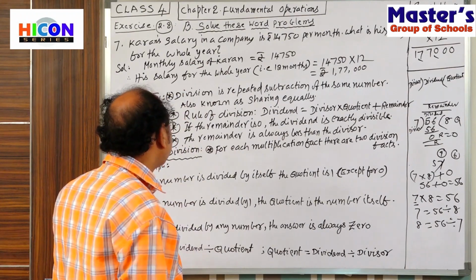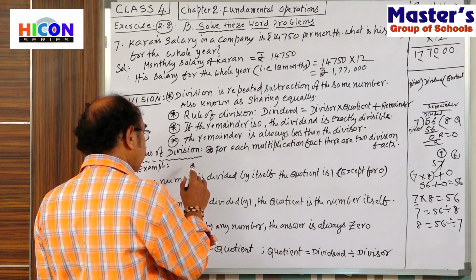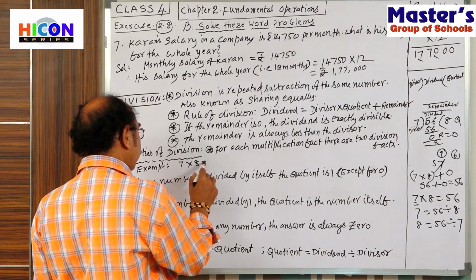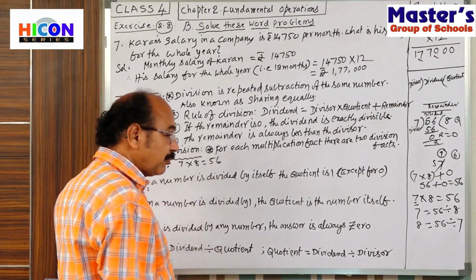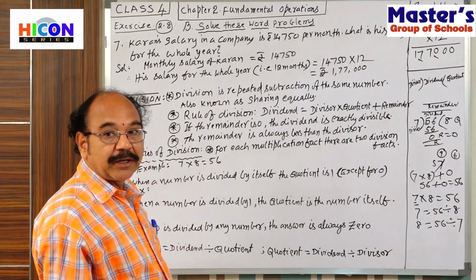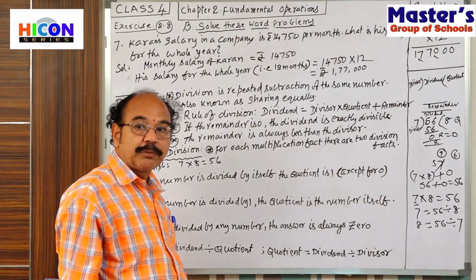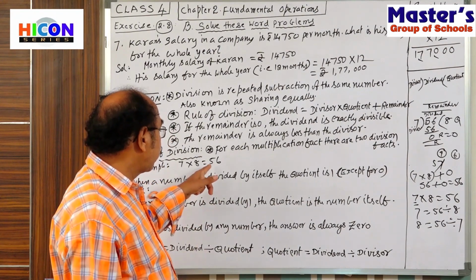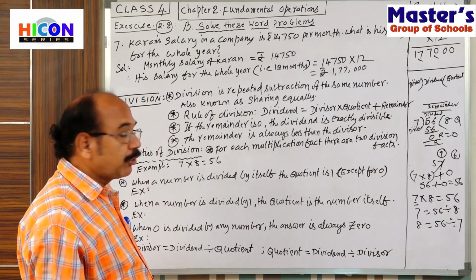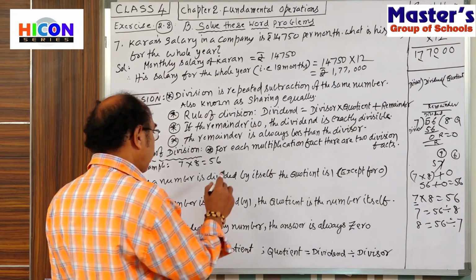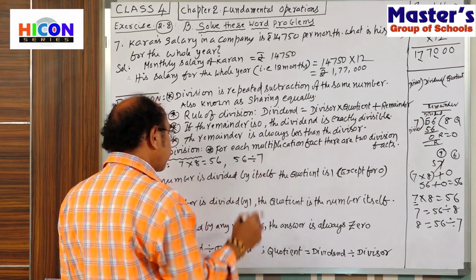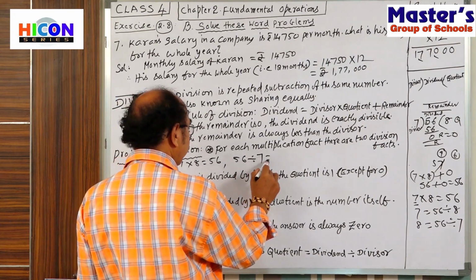For example, you see children, suppose 7 into 8 is equal to 56. This is a multiplication fact. From this we can write 2 division facts. What are the 2 division facts here? Number 1, 56 is divided by 7, then we can get 8.